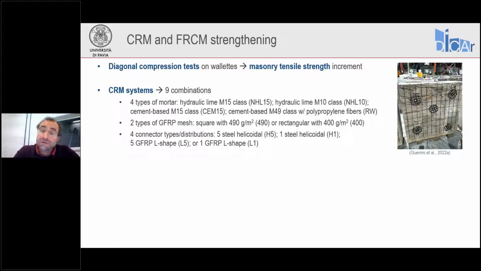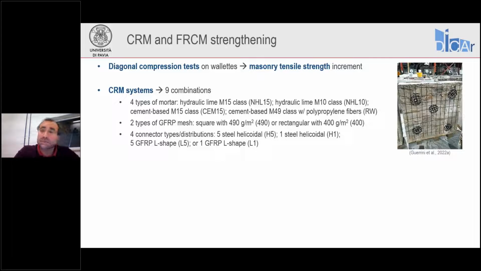The type of strengthening that was adopted was either CRM or FRCM. For CRM systems, we had 9 different combinations using several types of mortars, of GFRP mesh, and connector type and distribution.